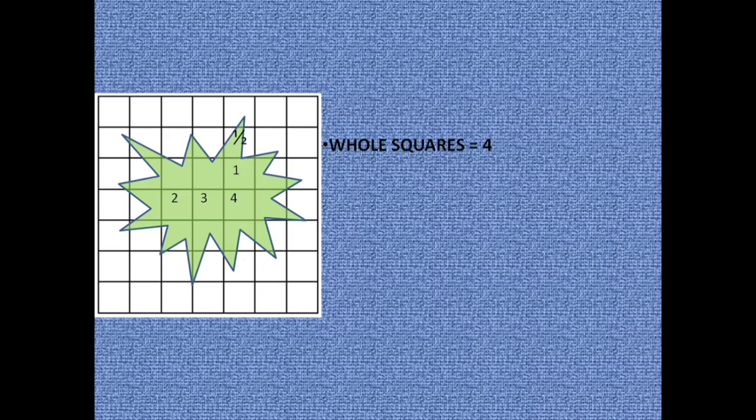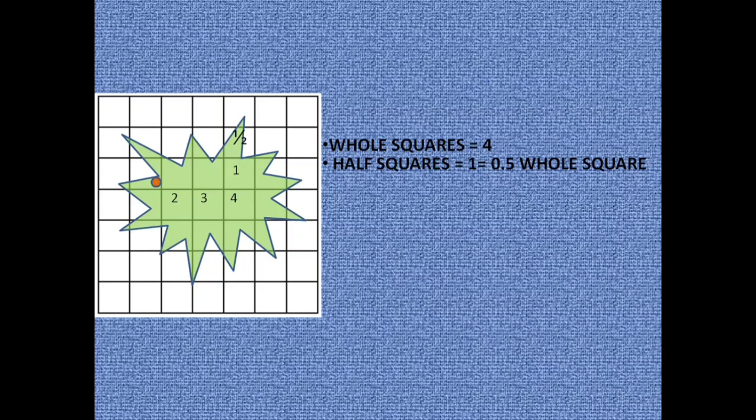In rest of the cases, I feel they are either more than half or they are less than half. So how many half squares? We have only one half square, which is equal to 0.5 whole square.